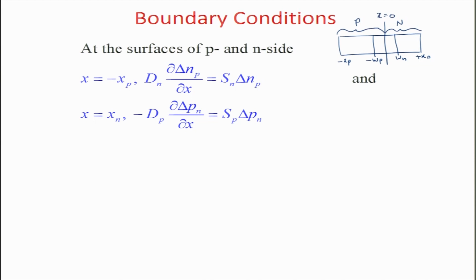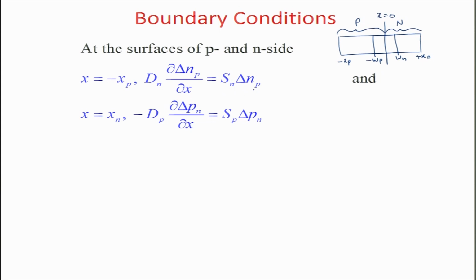Okay. So, at x equal to minus xp, the surface, when you have a surface, the carriers go to the surface because of the presence of dangling bonds and other surface defects, and there is surface recombination. So, at the surfaces of the P and N side, the diffusive component, D_n del of delta n by dx, which is the diffusion current because of perturbation of charges, is equal to the surface recombination, that is S_n into delta N_p.